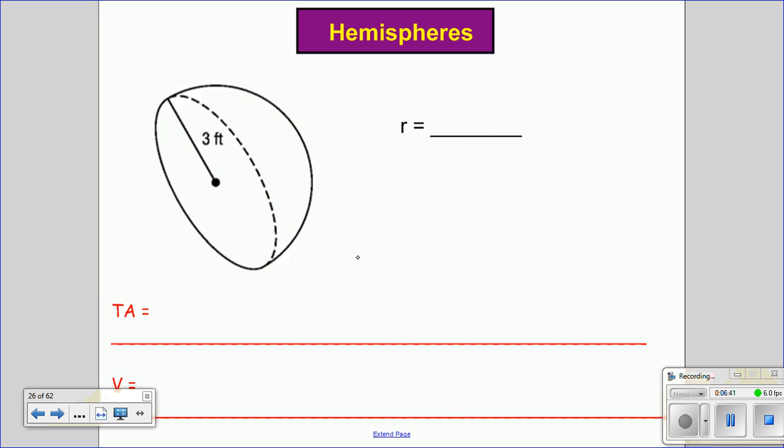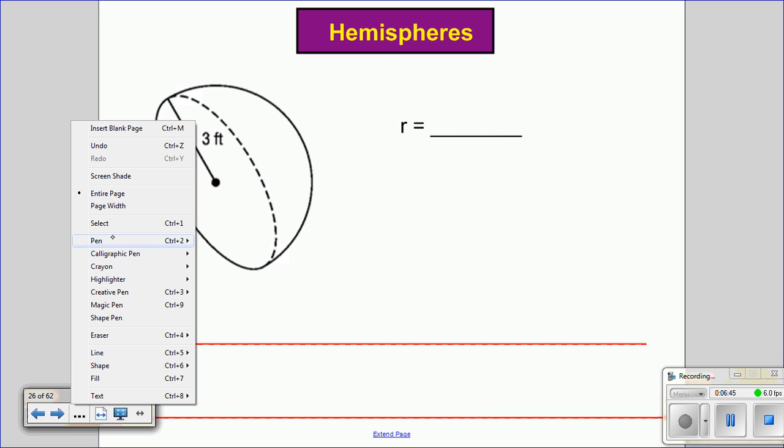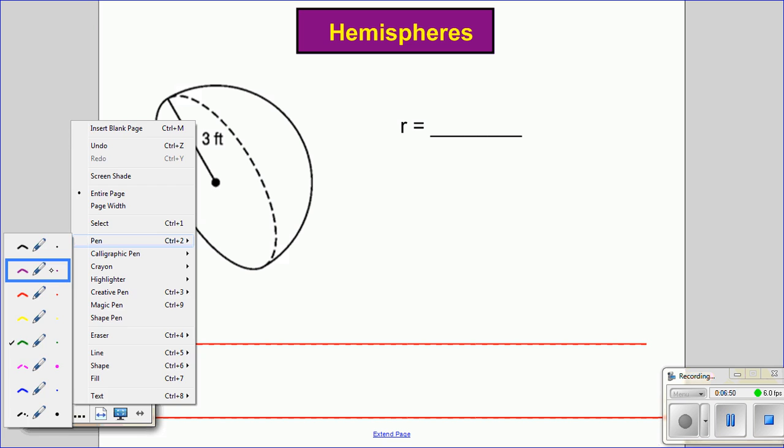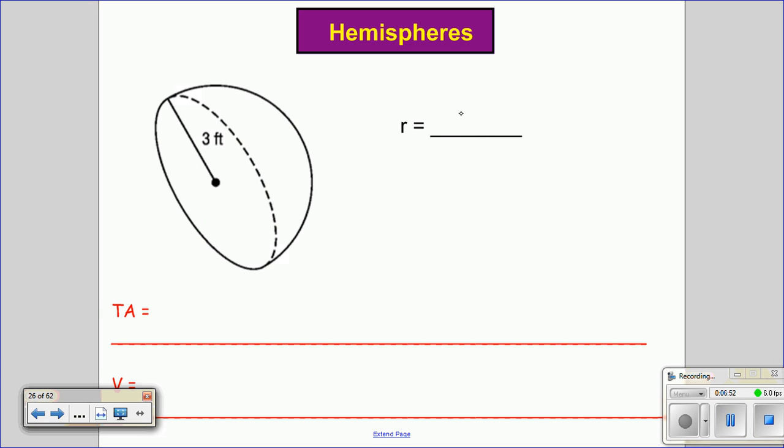Now let's talk about a hemisphere. A hemisphere is half of a sphere. So to find the total area and volume is going to be slightly different. The radius of my hemisphere is 3 feet.